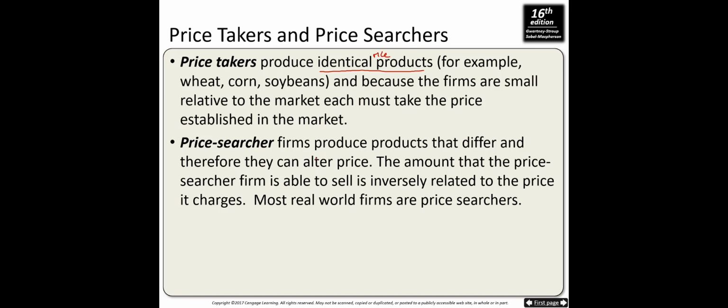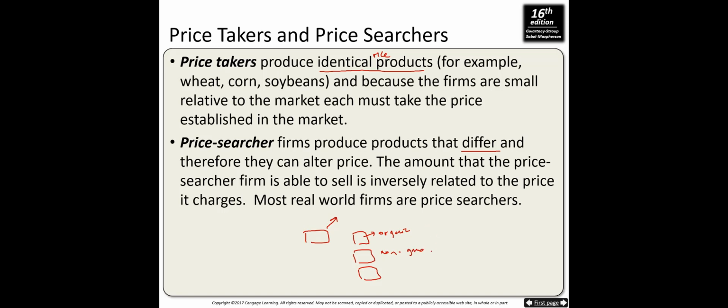Price searcher firms, on the other hand, produce products that differ. That's the key point. And therefore they can alter the price. So for instance, you are the farmer selling rice, but a company buys the rice from you and then packages rice into different packages, right? Let's say this is organic, this is non-GMO.